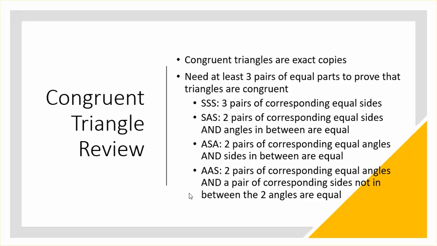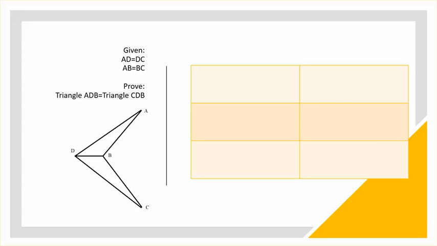Take some time now to review these if you don't quite remember them. In this video, we're going to do 2 proofs together. And eventually you'll find out that a lot of our proofs use a similar pattern.